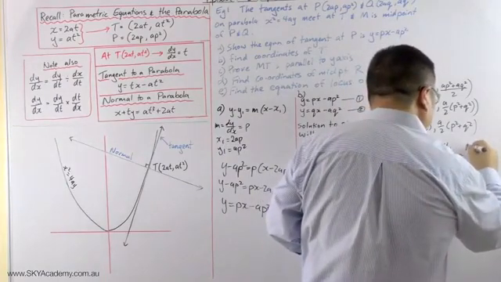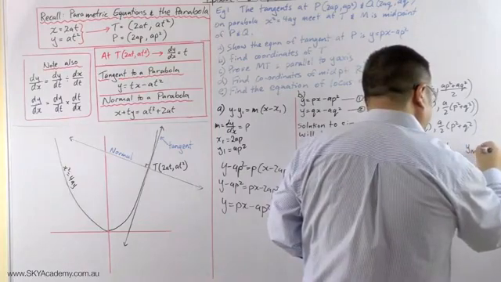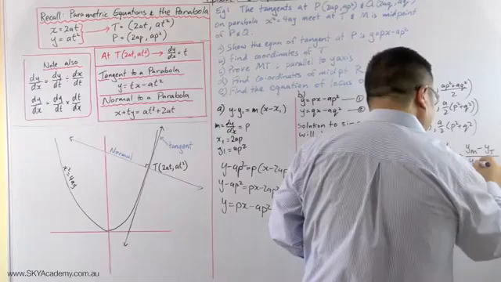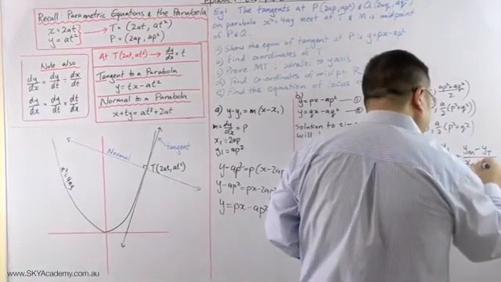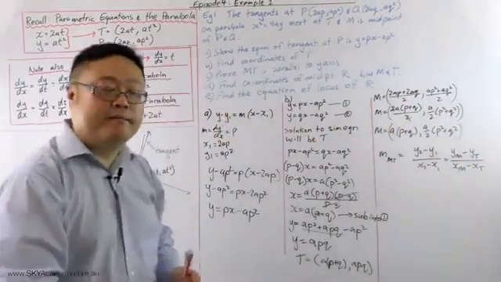So it's the y coordinate of M minus the y coordinate of T, over the x coordinate of M minus the x coordinate of T. Does that make sense?